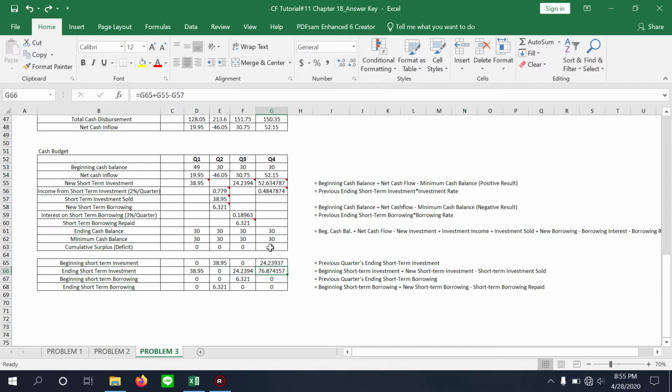Understand that if you have enough cash, you will try to pay it back as soon as possible, because short-term borrowing actually bears a higher interest than long-term borrowing. If you see here, it's 1% per quarter, right? It's around 3% per quarter, meaning it's 12%. However, if you do a long-term borrowing, it could probably only cost you 5%. So please pay attention to that.